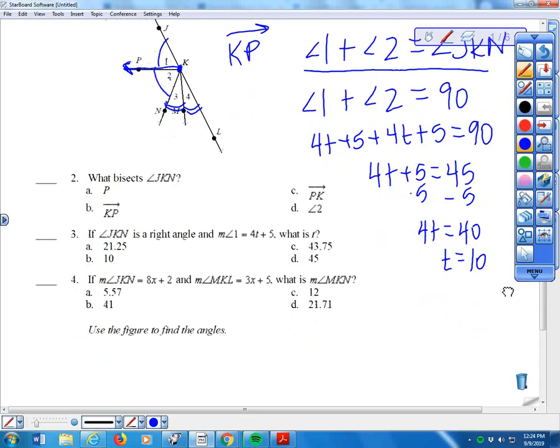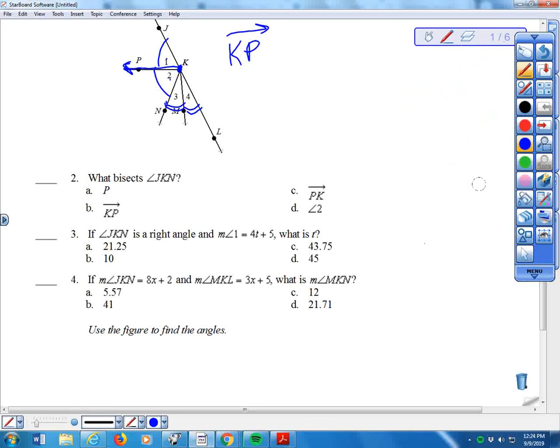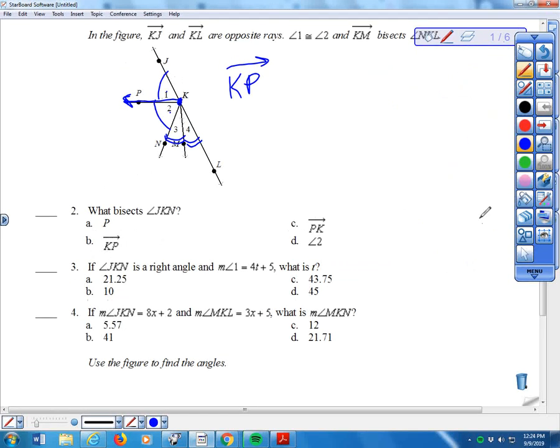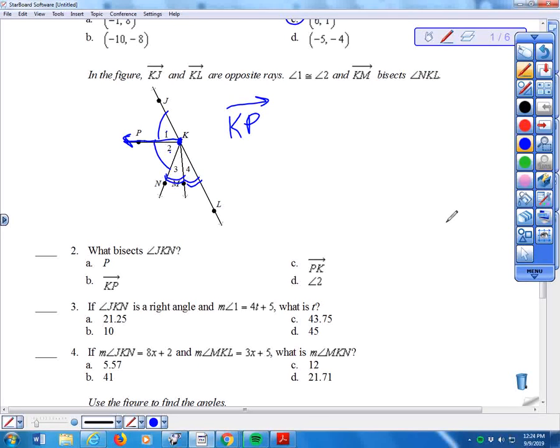All right, the next one, I'm going to do what I just said. I'm going to add everything up first, and then I'm going to fill in what I need. So they say JKN is 8x plus 2, MKL is 3x plus 5. What is MKN? Well, I know JKL, another JKN.